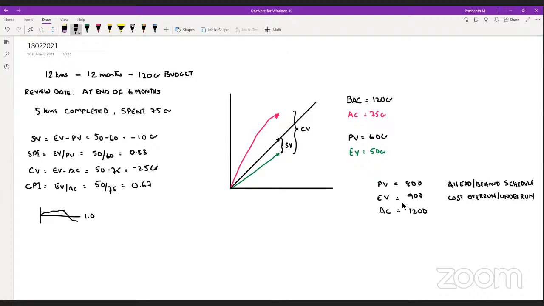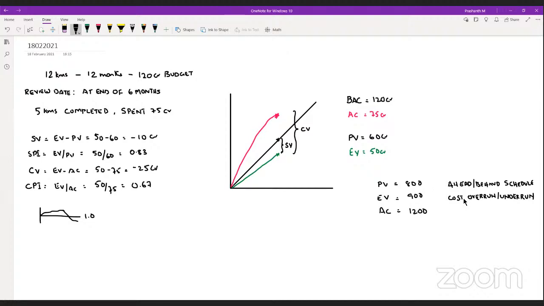So basically EV is more than PV, so you're ahead of schedule. See the difference between these two? You planned for 800, but you have achieved 900. So you're ahead of schedule. But for completing 900 worth of work, you spent 1200. So you have a cost overrun. The situation here is you're ahead of schedule and you're having a cost overrun.